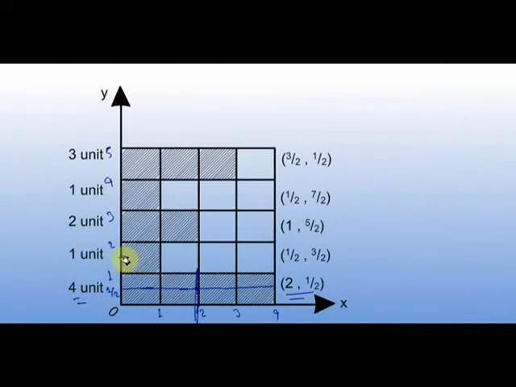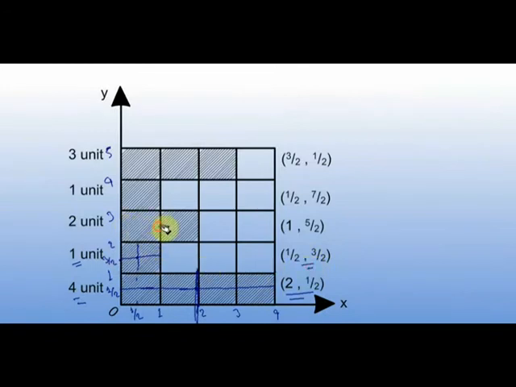Similarly, the center of mass of this region, that is the region with 1 square, will be the intersection of these 2 lines. So the x coordinate of center of mass will be 1 by 2, and the y coordinate would be 3 by 2.